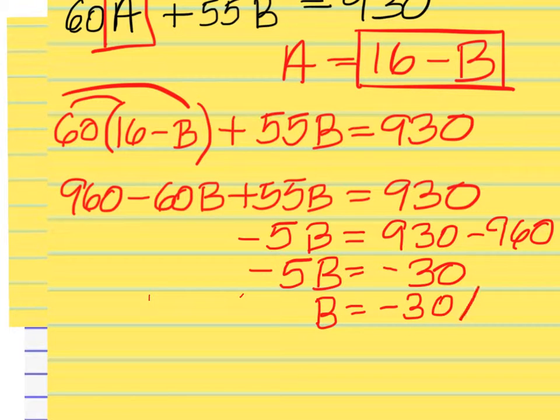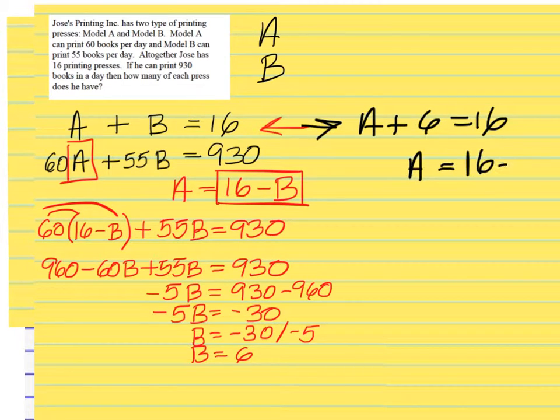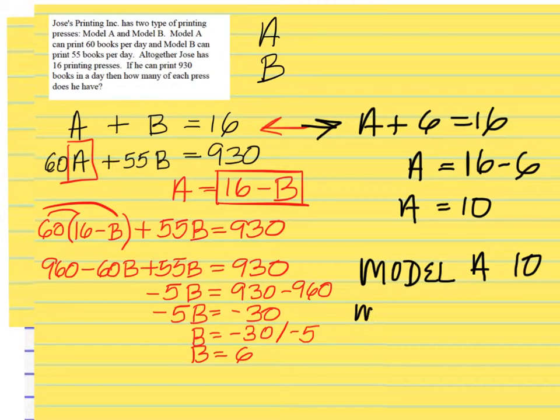Divide negative 30 by negative 5 and come up with 6. So he has 6 of the Model B printing presses. So A plus 6 is 16, which means that A is 16 minus 6. That would be 10. So your final answer is Model A has 10 and Model B has 6.